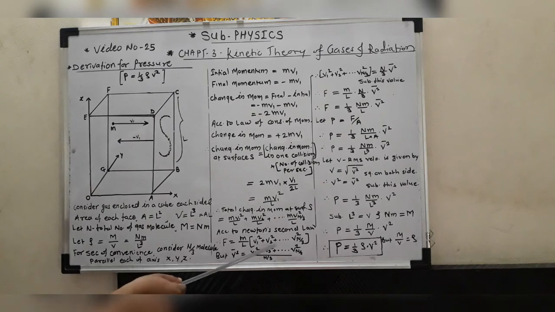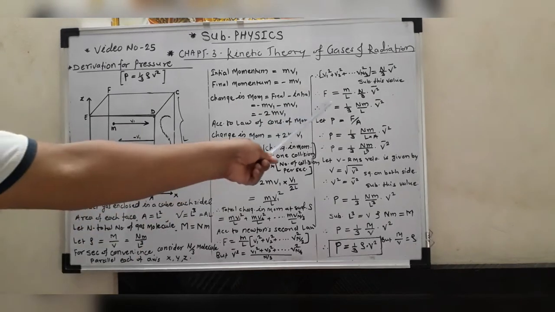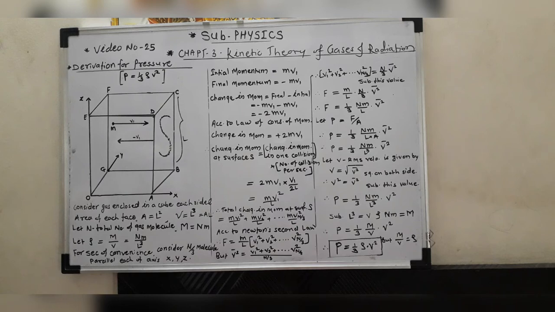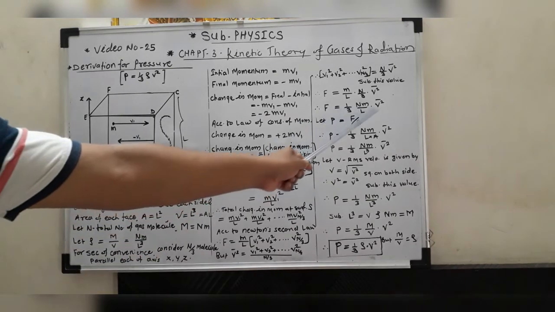Then we have to consider the mean square velocity. You know that the mean square velocity, v square bar, is equal to v1 square, v2 square, up to vn square, upon n. Take the cross multiplication here, and instead of the bracket we can write n into v square bar. Substituting this, m by L into n into v square bar. Then rearranging, 1/3 nm by L v square bar.